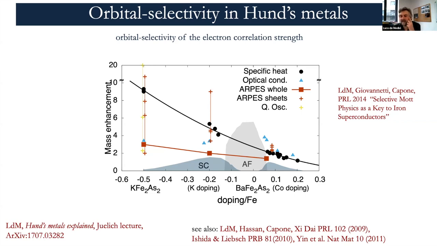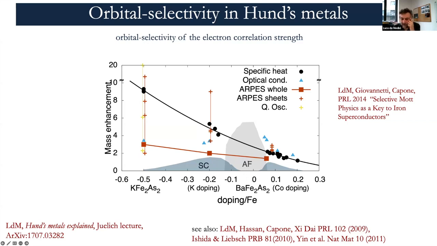And this was even found quite strikingly in a work that we published with Gianluca Giovannetti and Massimo Capone, in the same family I showed you before of the iron-based superconductors, the 1-2 family, that can be doped from 6 electrons in 5 bands to 5.5.